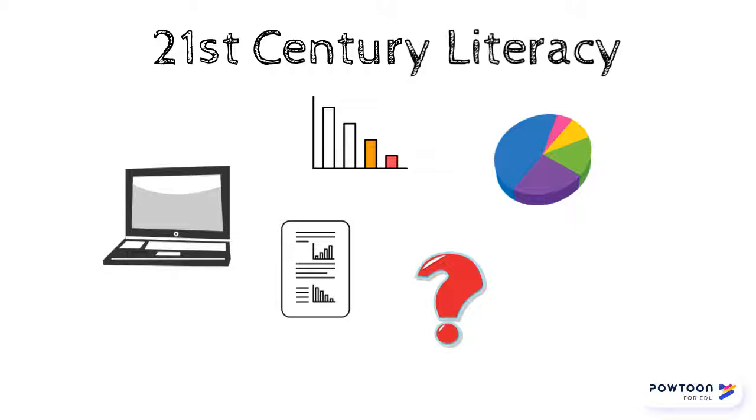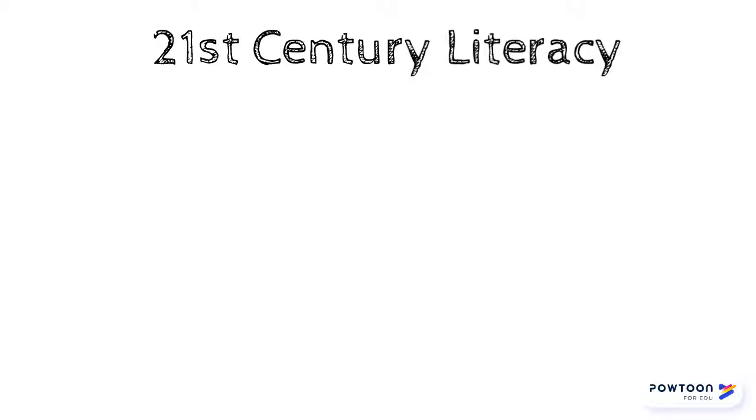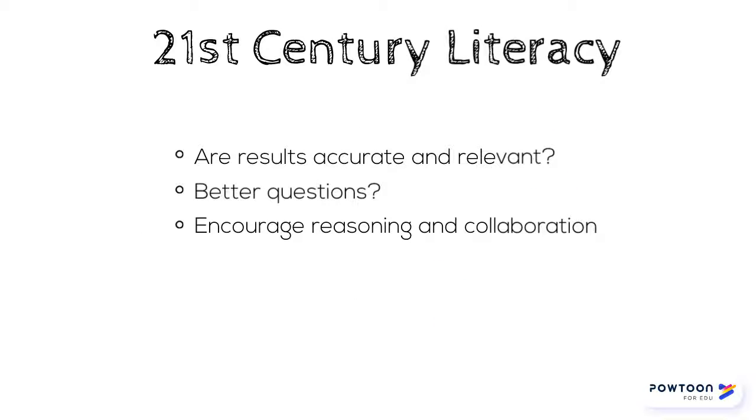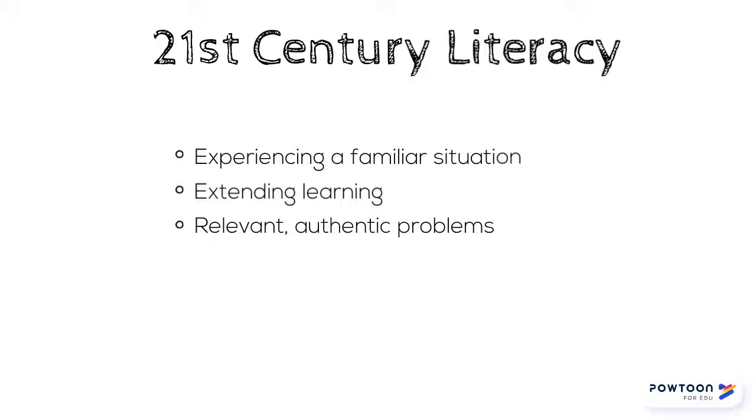They can be shown how to cast a critical eye when examining the data for context and bias. Have the questions they use skewed the data? Are the results statistically relevant? In answering these questions, they can apply their new knowledge using reasoning, gathering further data, or brainstorming solutions to a given problem. This is just one example, which uses a familiar situation and tools to extend classroom learning and situate their knowledge in a context that is relevant.